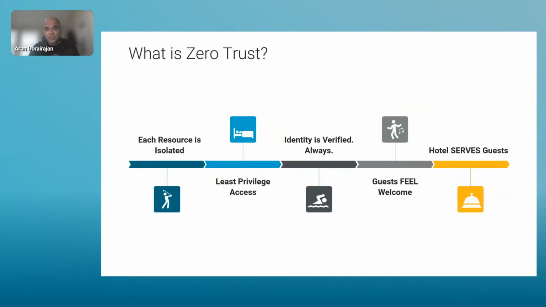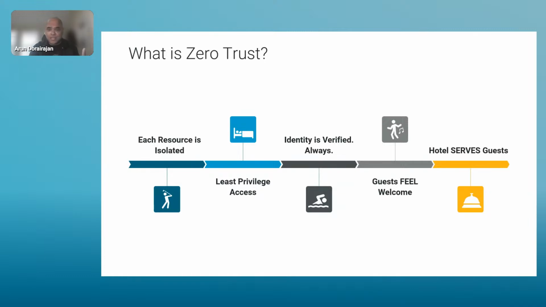And here's how zero trust plays out in that hotel model. Each resource is isolated. So if you think about it, rooms, the pool, the gym, they all have access controls. Even if you want to go to a restaurant that you haven't paid for, you're going to be asked whether you are an elite member with access to enter the lounge. Least privilege access.